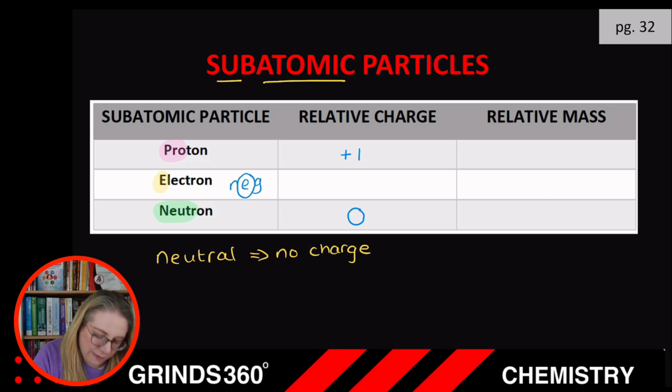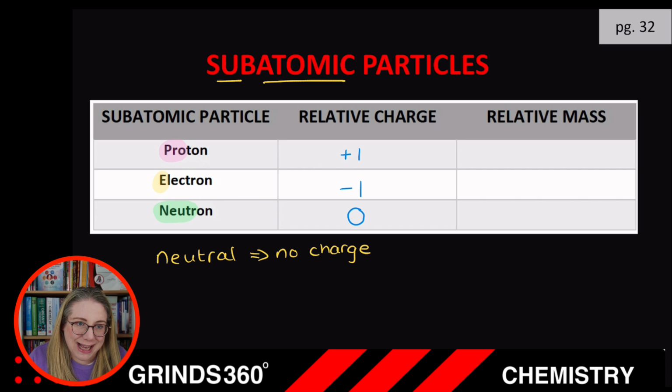So E there for negative. Now, another way of doing it is just remembering that if you have a +1 and a 0, well, then the electron has to be the negative one. So we have +1 for protons, -1 for electrons, and no charge or neutral for our neutrons.